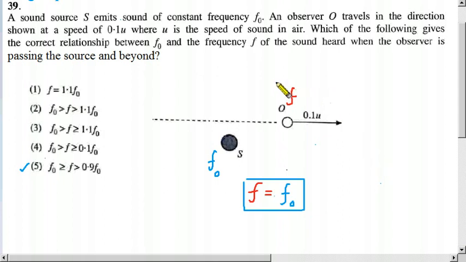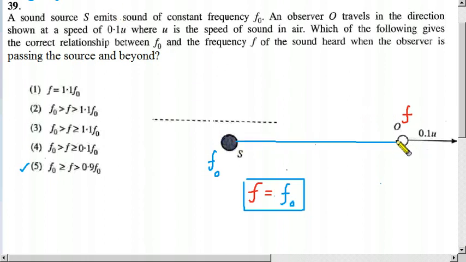Let us take a more simple instance, very far away. Very far away means you don't feel this distance. Then this little distance you don't feel when this observer is very far away. You can take it to the same line, if it is only very far, because this angle is negligible.